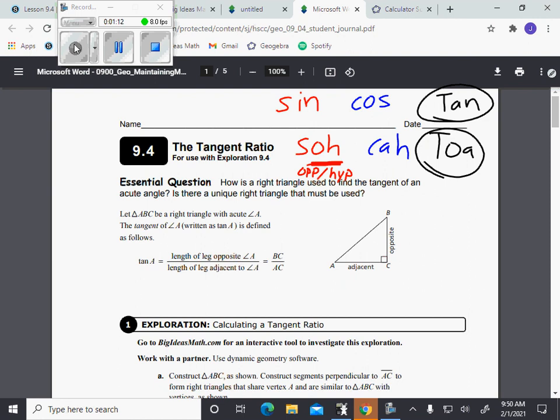CAH is cosine, and it's A over H, so adjacent over hypotenuse. And TOA, tan, is opposite over adjacent. And that's what we're working with today. Opposite over adjacent.